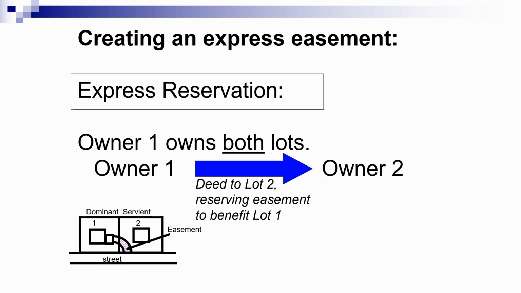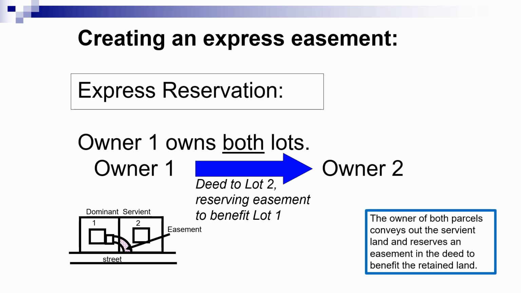Now, so far we've been talking about easements by express grant, but an easement can also be created by an express reservation. To illustrate that, let's assume that owner 1 actually owns both lot 1 and lot 2. So owner 1 deeds lot 2 to owner 2, and in the same deed that deeds out lot 2, owner 1 reserves an easement over lot 2 to benefit lot 1.